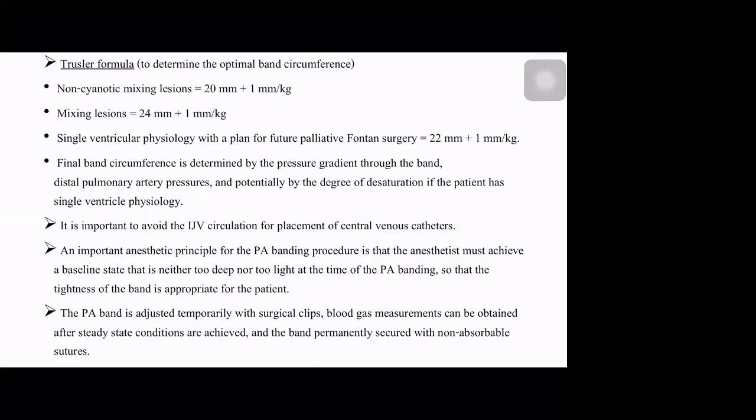There is a planned procedure for BD Glenn or Fontan surgery. There you will require the IJV to be intact, because if there is any clot or thrombus within the IJV from a previous central venous catheter, that is not ideal for a BD Glenn or a Fontan surgery.